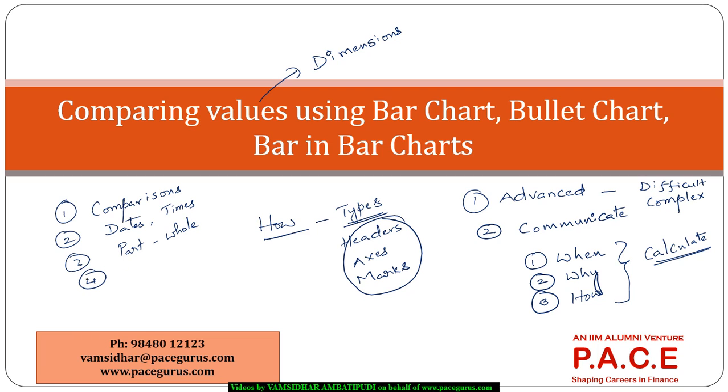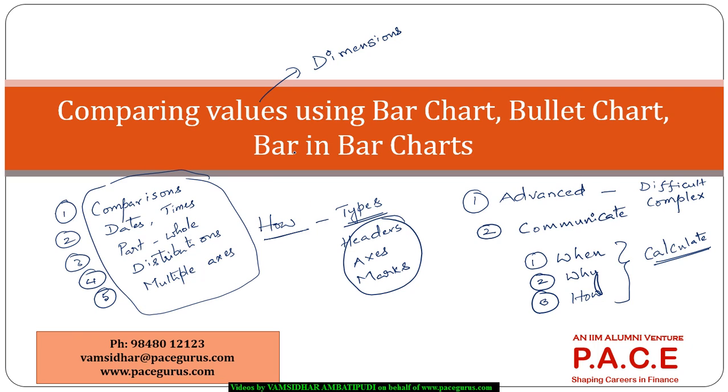We can also see the distributions of the data. These are all the different purposes for which we are creating visualizations. And in some cases, I may be more interested in looking at multiple axis related data as well. So different kinds of visualizations crop up depending on our business requirements.